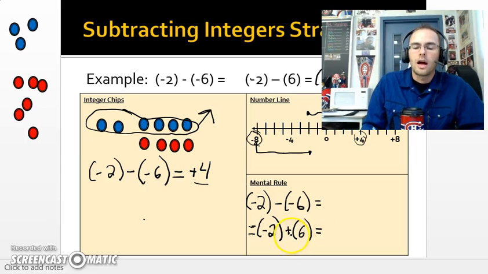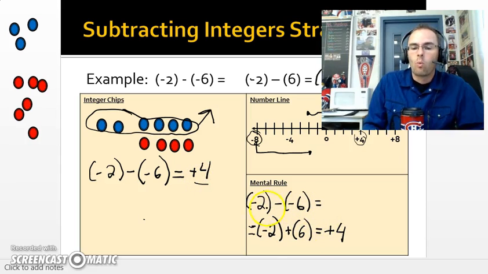And then you apply the same adding rules, which of course are, you take the sign of your larger number, which is 6, so my sign in my answer is positive, and I subtract the 2, because again, if you remember, zero pairs, zero models, you have to take some away, so you subtract the 2, which is 4, and that's our answer right here.